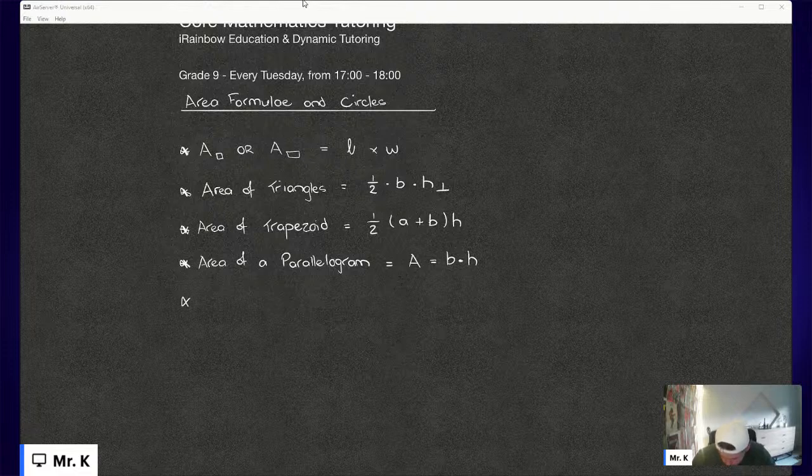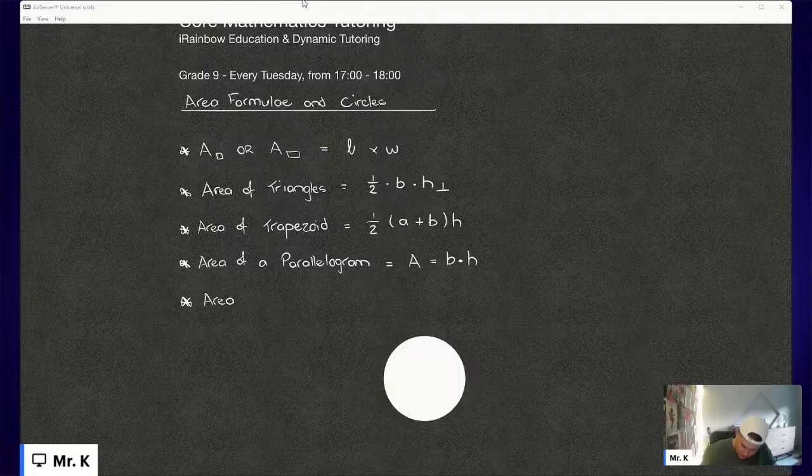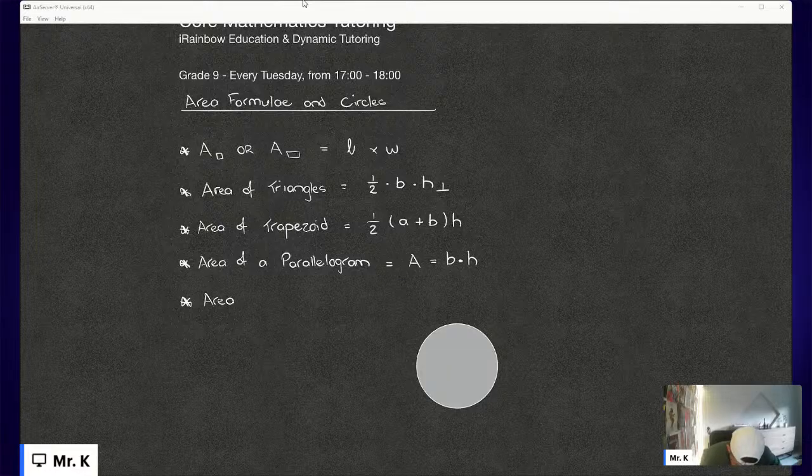Now, when it comes to the area of circles, guys, let's quickly take a second to discuss this because this confuses a lot of people. If I am given a circle, a lot of the time I will be given the radius, if not the diameter.